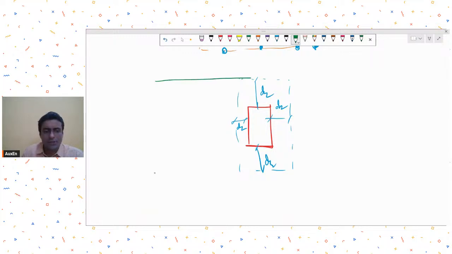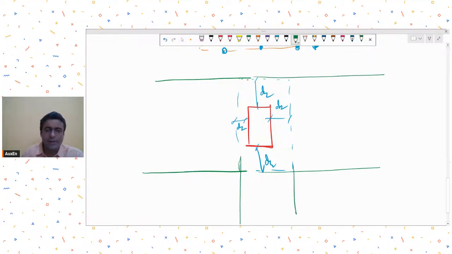One of the other ways is to provide an arrangement like this. So this is something like a beam arrangement. Of course, this is the plan we are showing, and just like a beam, we will provide stirrups.